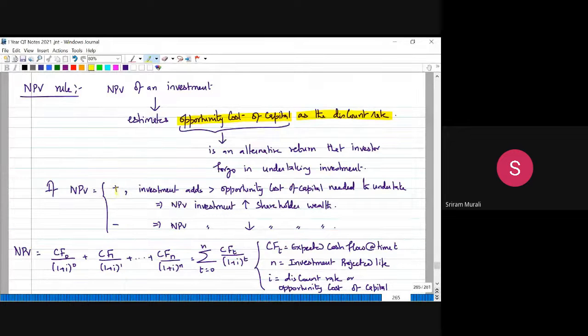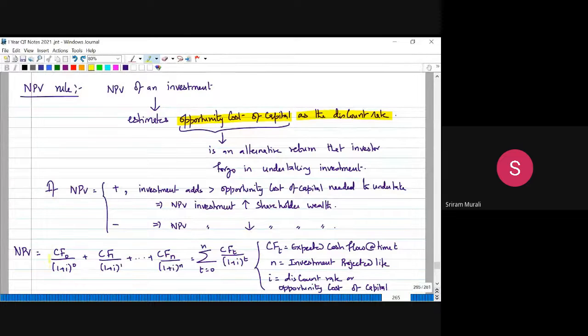As I said, if net present value is positive, the investment adds value, returns are greater than the opportunity cost of capital, and it needs to be undertaken. If net present value is negative, then shareholders' wealth will decline. If NPV is positive, then shareholder wealth will increase. So remember these adjustments. We will do some problems.